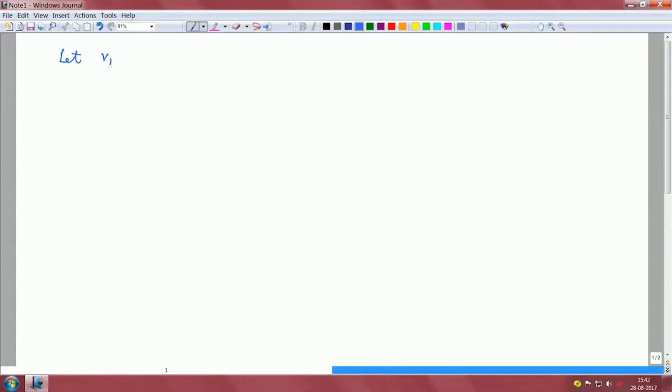Let V1, V2 so on till Vn be a basis for an inner product space V. Okay, there is an inner product space V, and let V1, V2 so on till Vn be a basis for this.